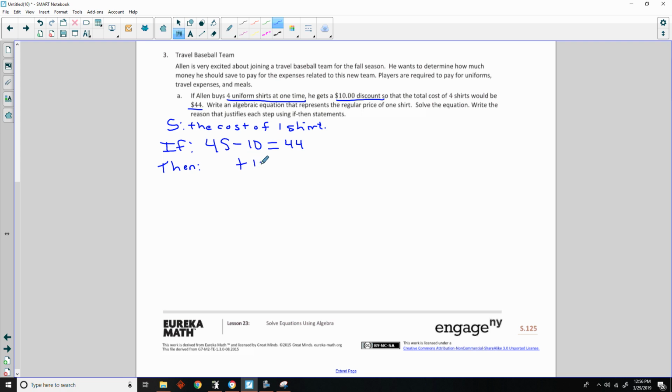if I add 10 to both sides, that would be 4s minus 0 equals, let's say plus 0, equals $54. And that's the addition property of equality.